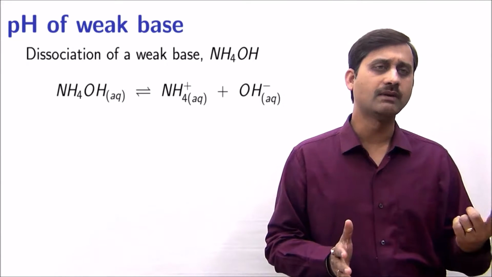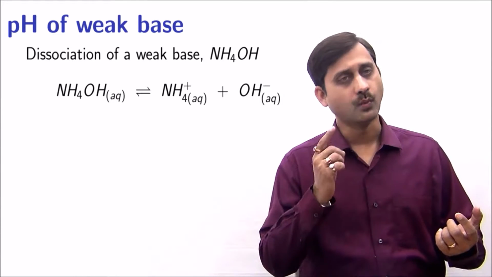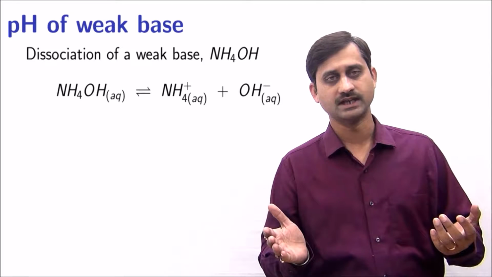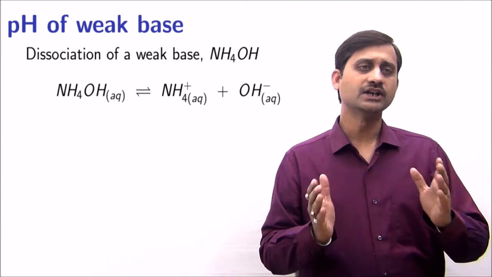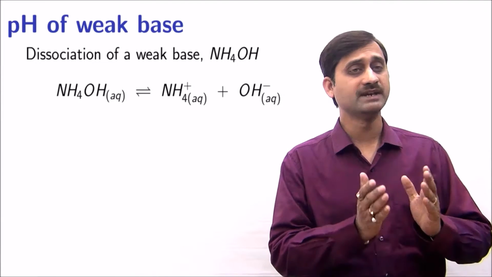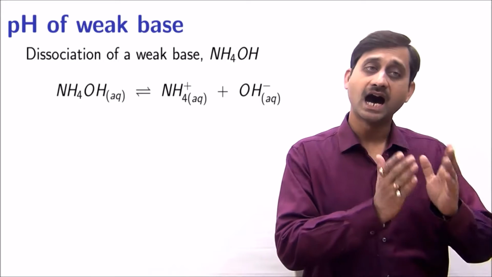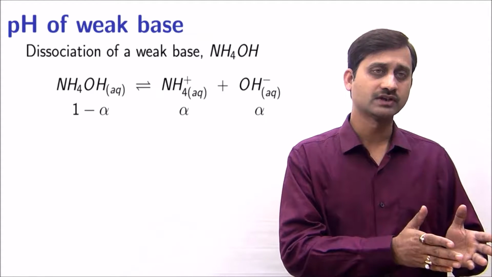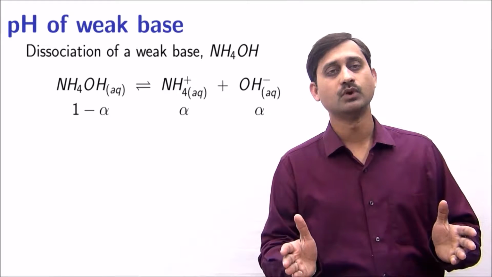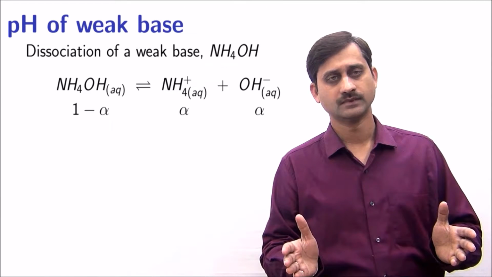1 mole of ammonium hydroxide would give 1 mole of ammonium ion and 1 mole of hydroxide ion. If we consider it to be undergoing dissociation and the degree of dissociation to be alpha, then alpha moles of ammonium hydroxide would give alpha moles of ammonium and alpha moles of hydroxide ion.